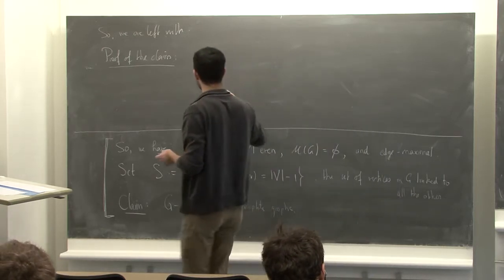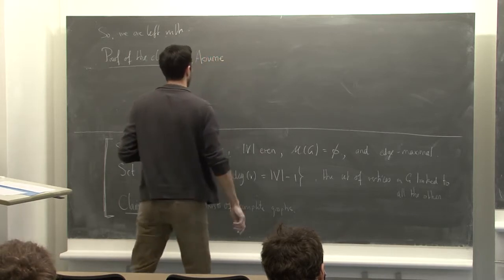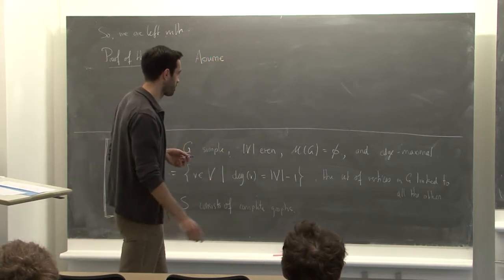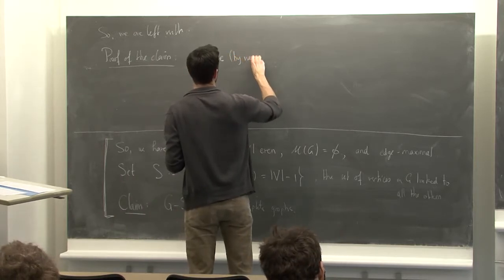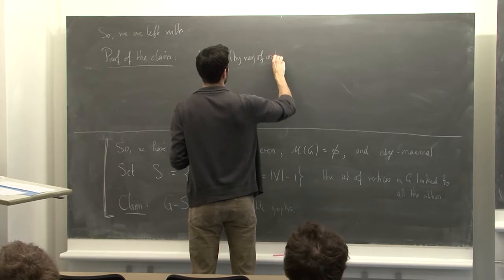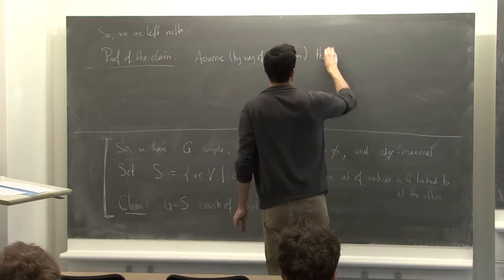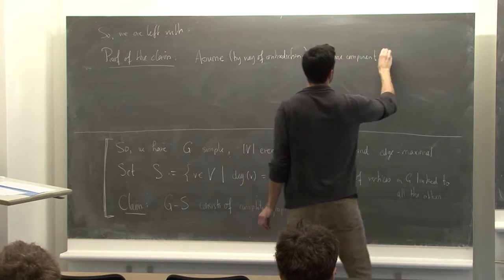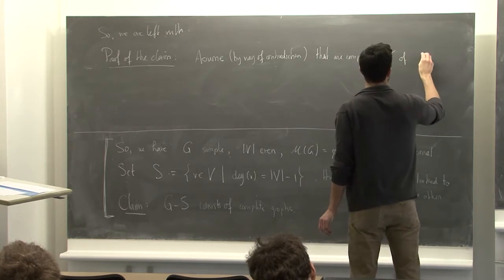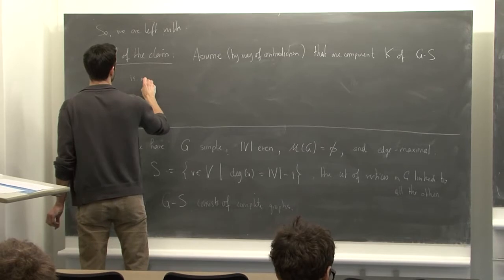What we're going to do is assume, by way of contradiction, that one component K of G minus S is not a complete graph.